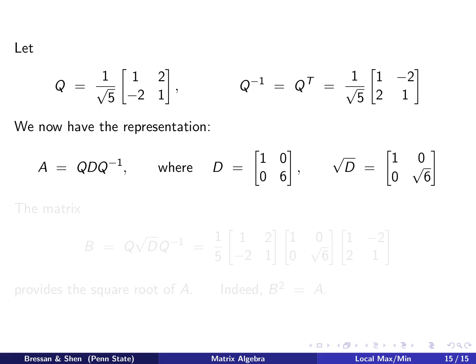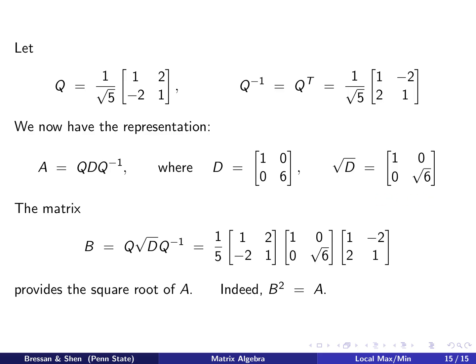Now we have this representation of the A matrix, which equals Q times D times Q inverse, or Q transpose, where D is this matrix with the two eigenvalues. Now we can form the square root of D by taking the square root of the diagonal elements, and we get that.